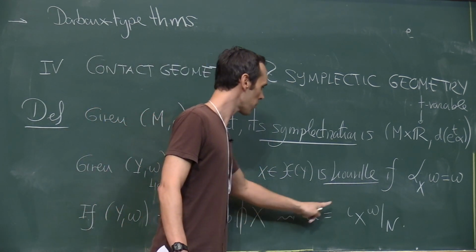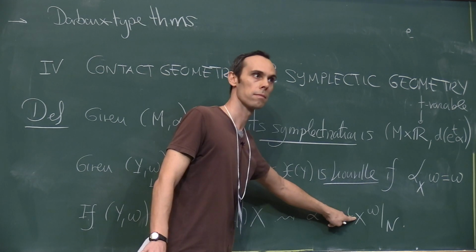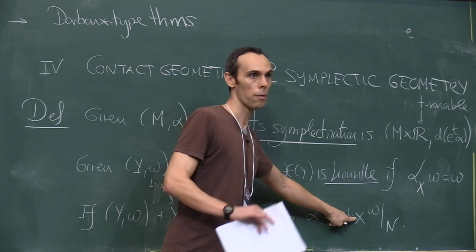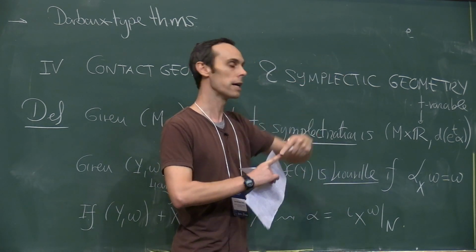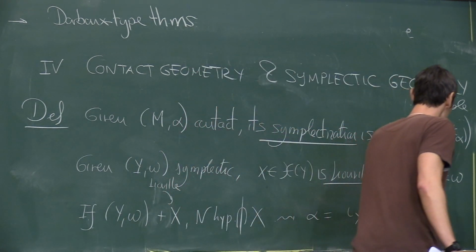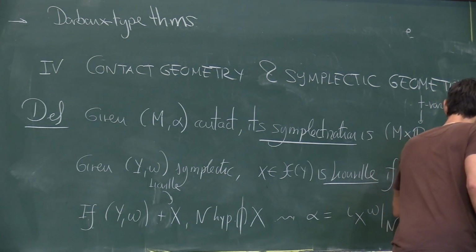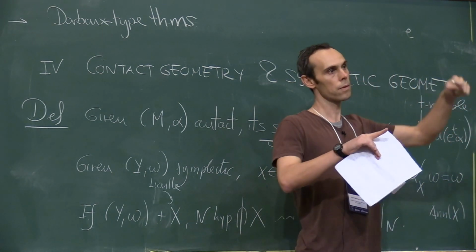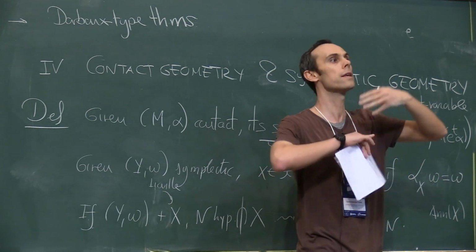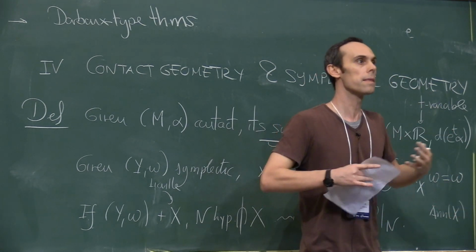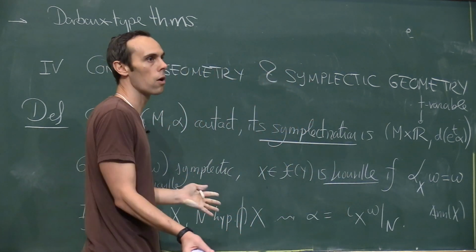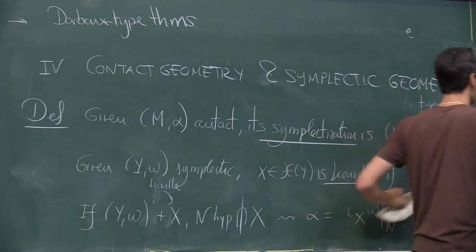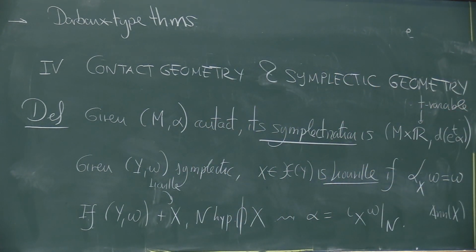The kernel of this one-form is the symplectic annihilator of the vector field X. Now, because the vector field at the points of the hypersurface N is transverse, this hyperplane distribution, the annihilator of X, is everywhere transverse to the tangent bundle of N, which means that it induces a hyperplane distribution on N. Now, for that hyperplane distribution, the contact condition is basically the symplectic condition along N that you can check right away.